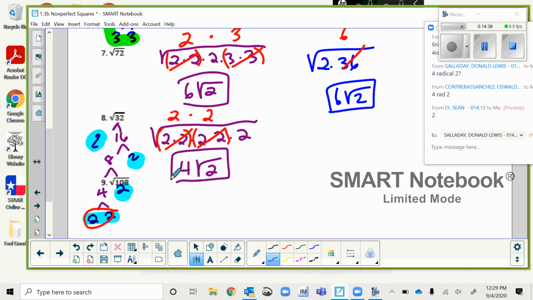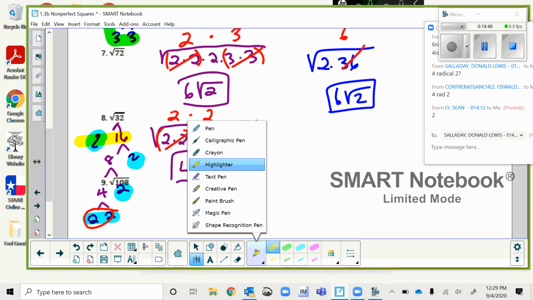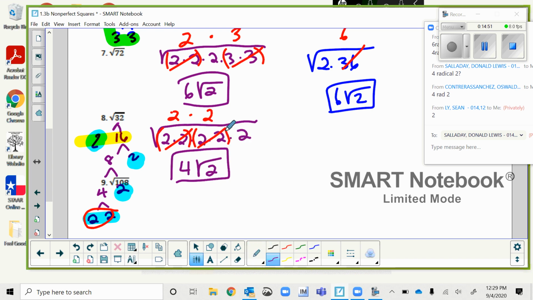If you were using the second method, the faster one, the ninja method, you can stop right here because 16 is a perfect square. So that would have looked like this. 2 square roots of 16, wait, that's not right.